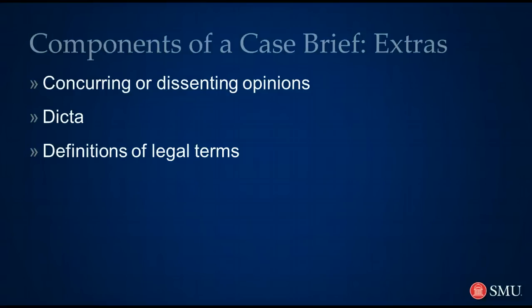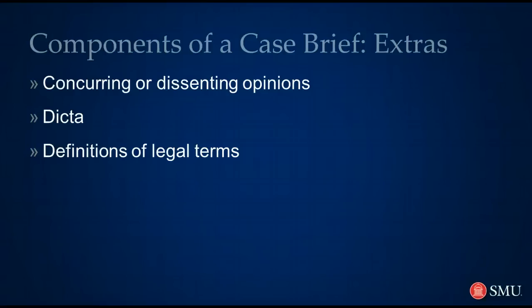So don't just skip over those as if they were just taking up space. Usually it's there because they point to important differences in philosophy or competing arguments about how the case could have been decided that will be important in your class discussion, and may also give ideas about ways to apply the rule or arguments for changing the rule.